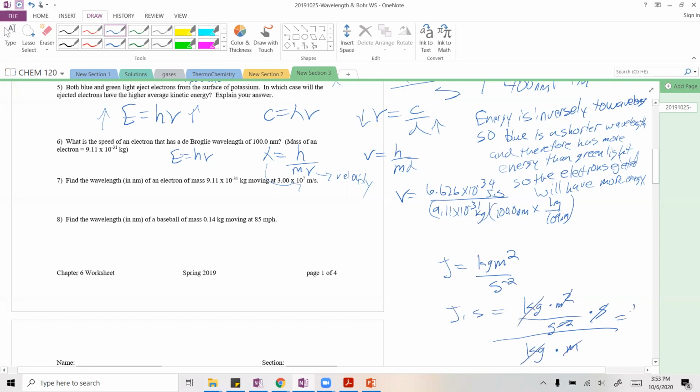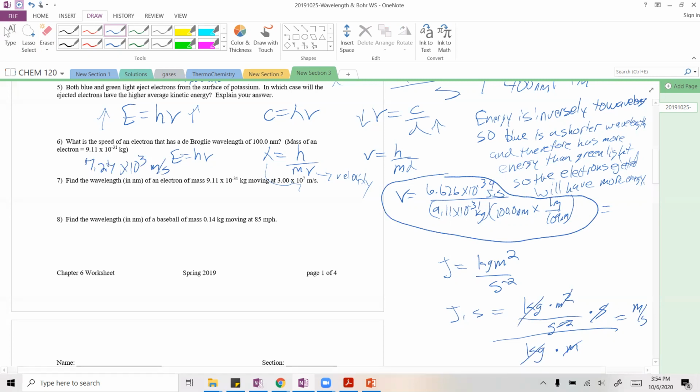And so we're going to be left over in meters per second, which is a velocity. And so that's why we want to use those units the way that we're using them. So once we plug it into this equation up here, that's going to give us our answer, which is 7.27 times 10 to the 3 meters per second.